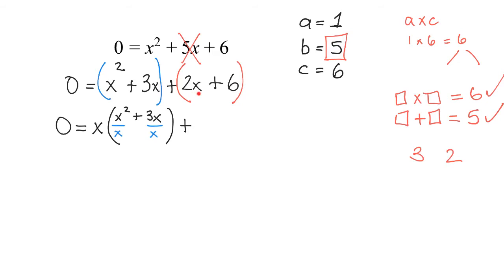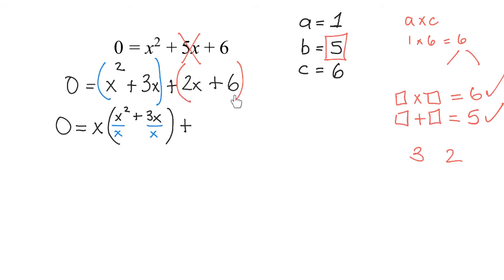Between 2x and 6, is there anything that these two terms have in common? Let's look at the numbers. We've got 2 and a 6. Are there any common factors between 2 and 6? The answer is yes. 2 can go into 2, and 2 can also go into 6. That is the greatest common factor between 2 and 6. Now, are there any variables that these two terms have in common?